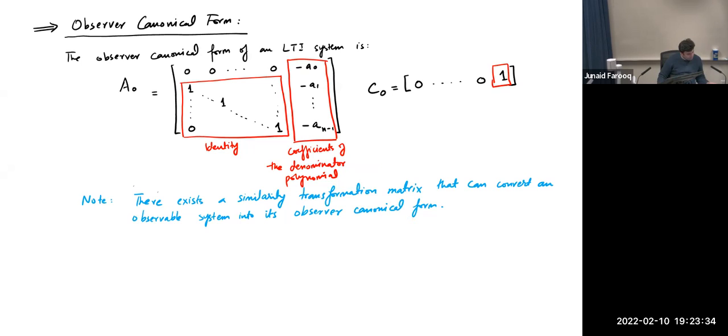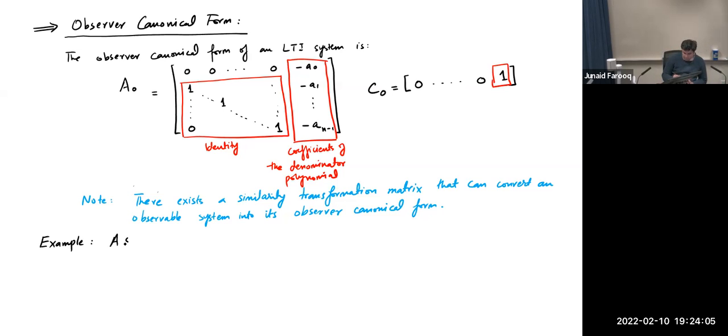Okay, and let's do a quick example. We'll see this transformation as well, but I think it's actually very simple if you just look at the characteristic polynomial and use this convention to write the canonical form directly.